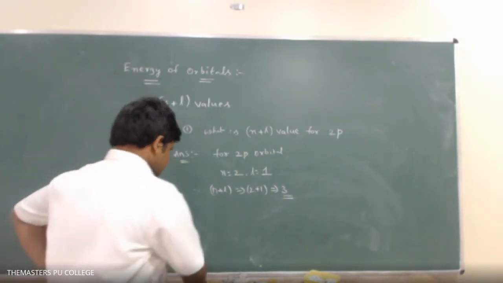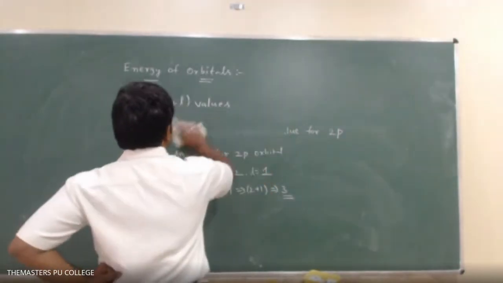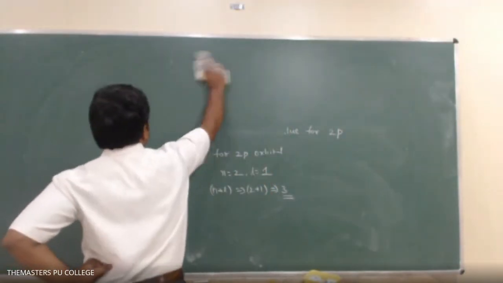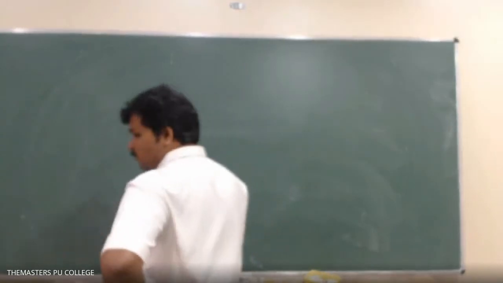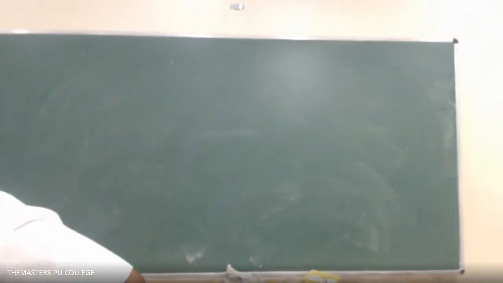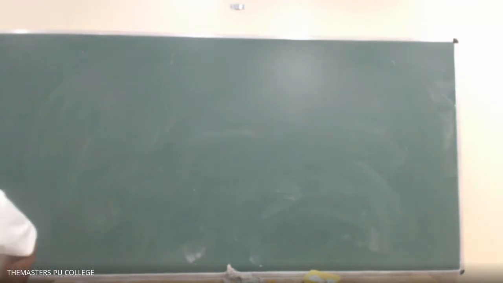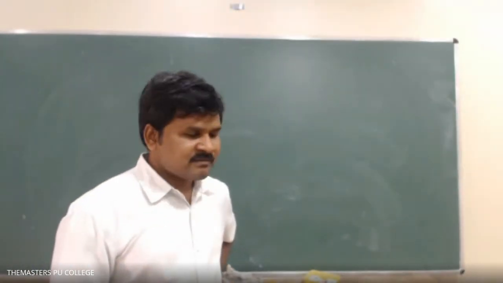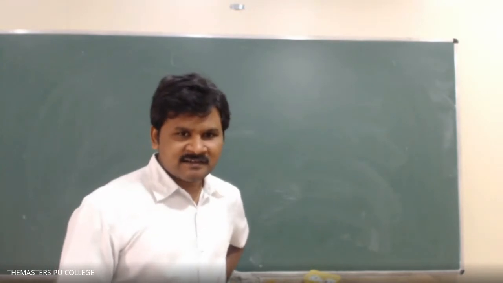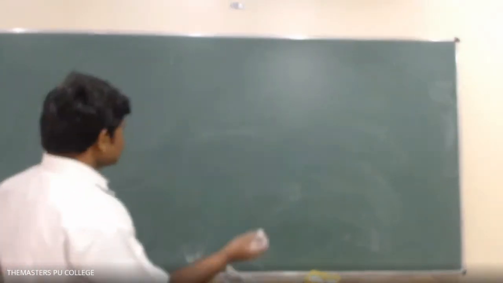Generally students will make a mistake in this question. Hydrogen has how many electrons? One electron. Where is that electron present? In the 1s orbital.